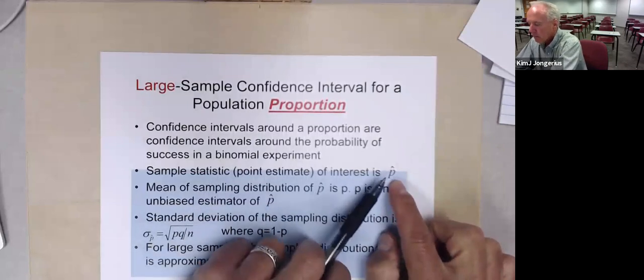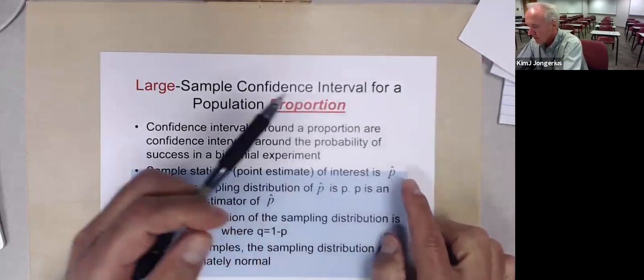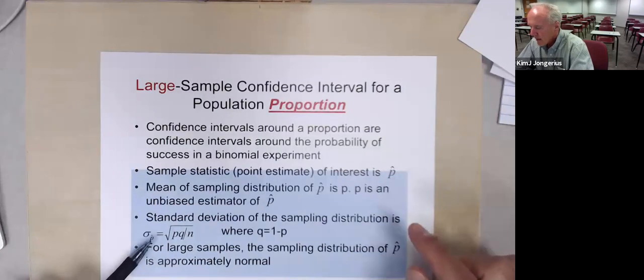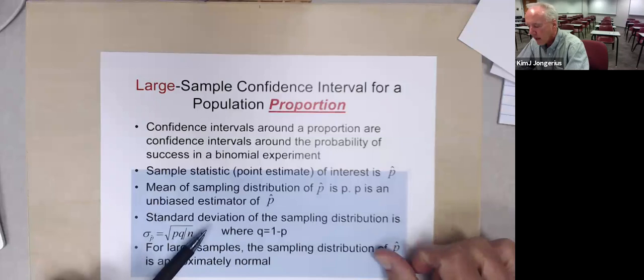This would be the symbol that corresponds with x bar that we use for sample means. The other thing that's going to be different is that our adjusted standard deviation for sampling distribution is this expression right here, the square root of pq over n.